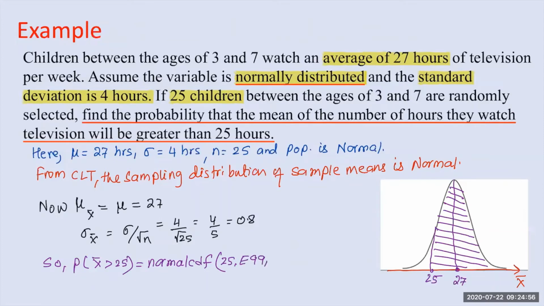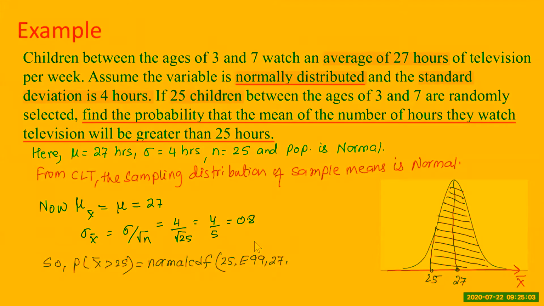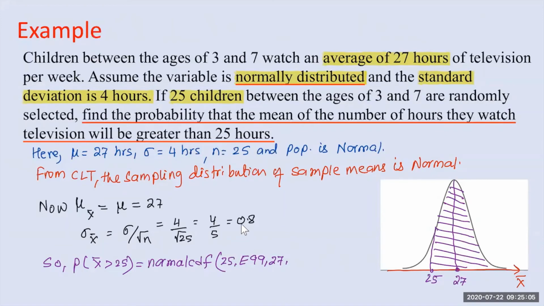Your mean in the middle is 27, and the standard deviation for this distribution, as we have calculated here, is 0.8. If we perform this calculation using the calculator, you should get 0.9938. So 0.9938 is the probability that the mean number of hours they watch television is greater than 25 hours.